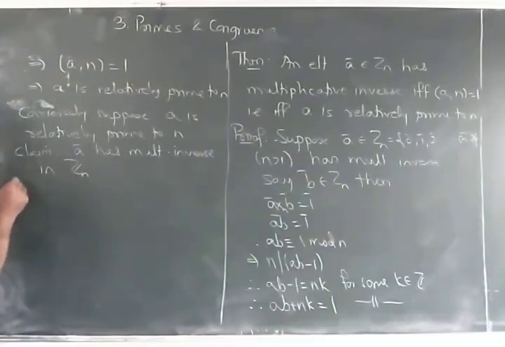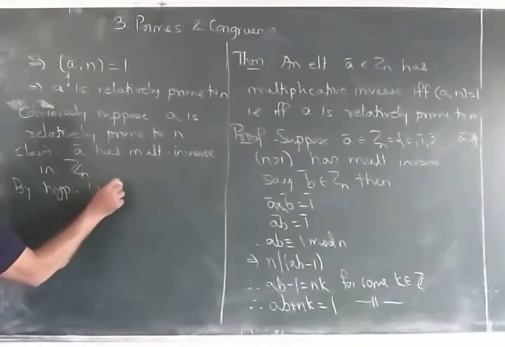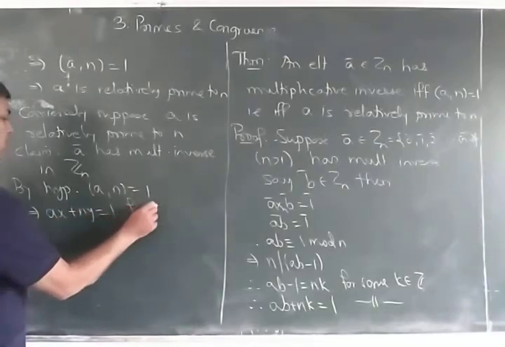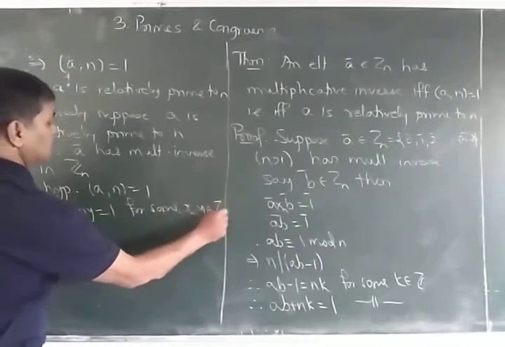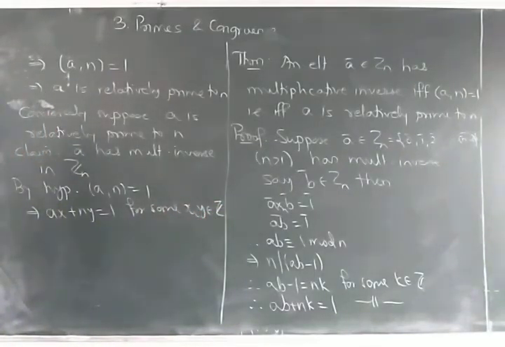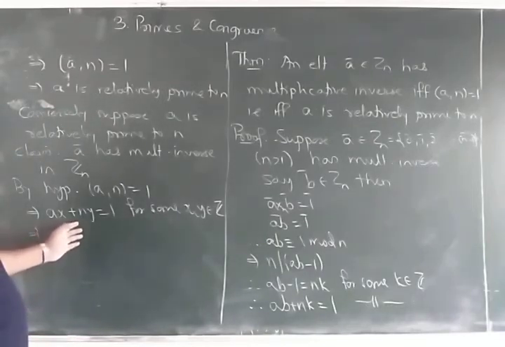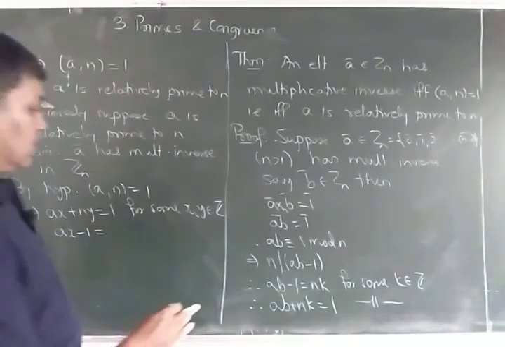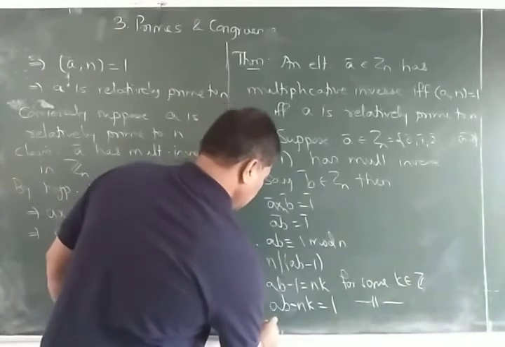Okay. So by hypothesis, GCD of a and n is equal to 1, which implies ax plus ny is equal to 1 for some x, y belonging to Z. Therefore ax minus 1 is equal to n into minus y.